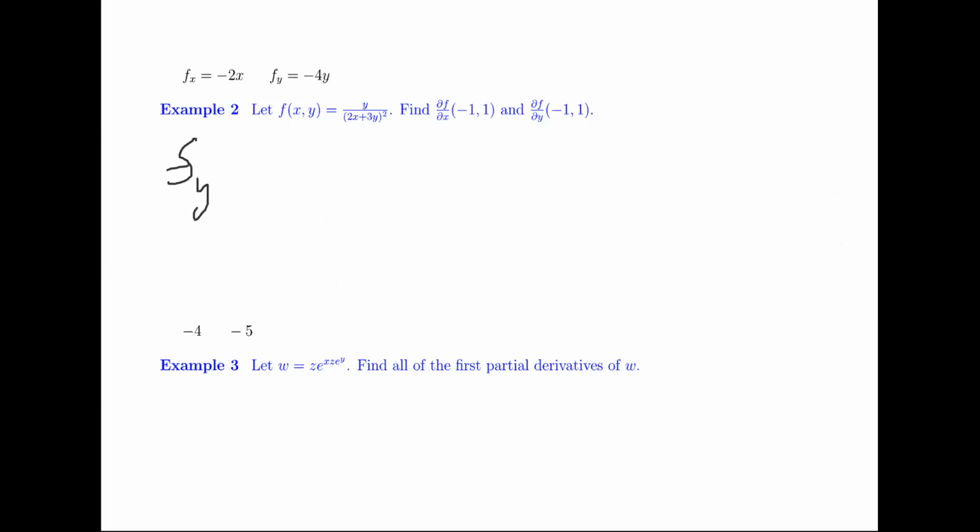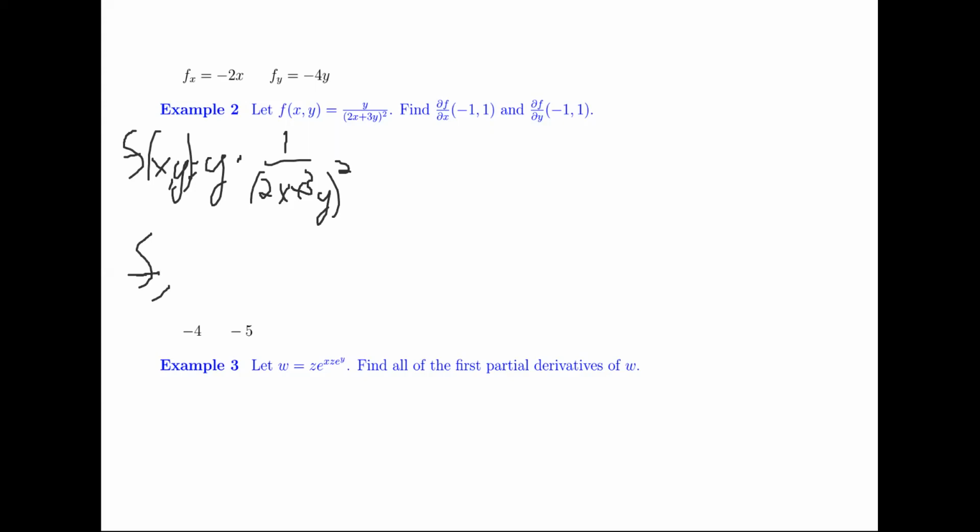Let's rewrite this as f of x, y equals y times 1 over (2x plus 3y) squared. Okay, so we notice that we should use our product rule when deriving here. So let's do f sub y.